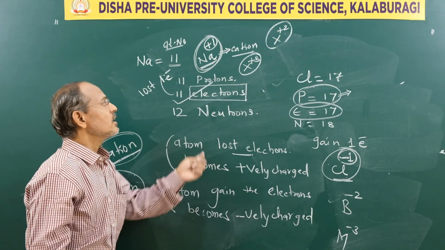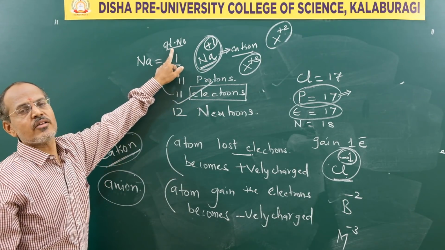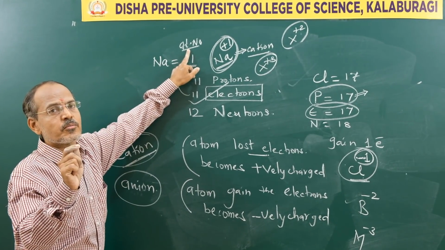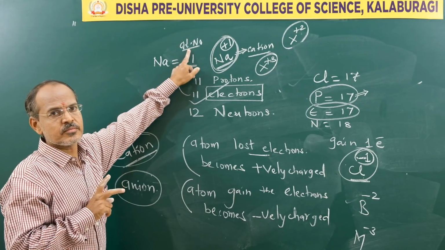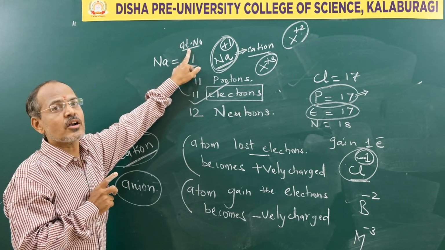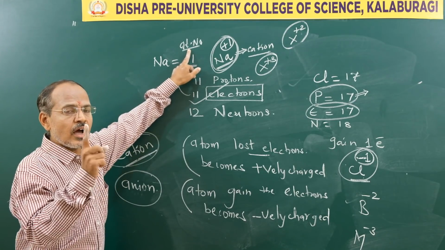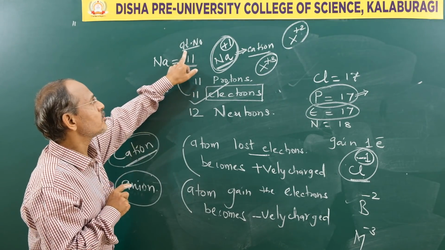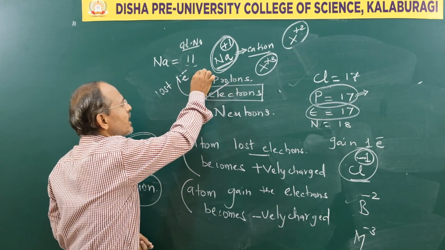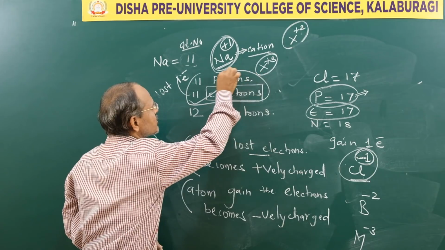Okay, now atomic number, as you know already, is the number of protons present in an atom. And whatever the number of protons in an atom, the same number of electrons are there.